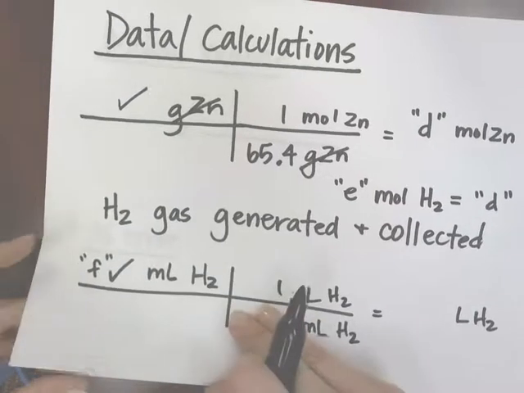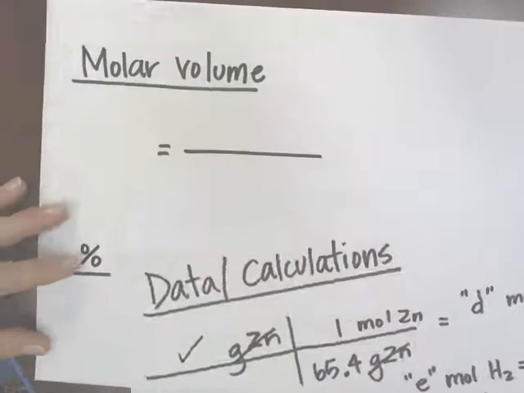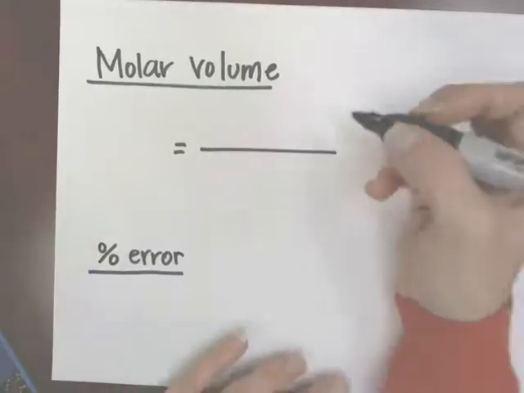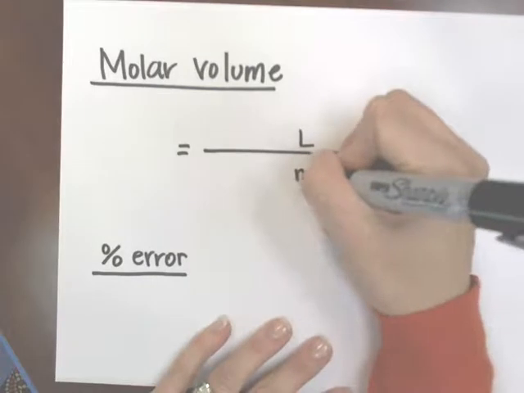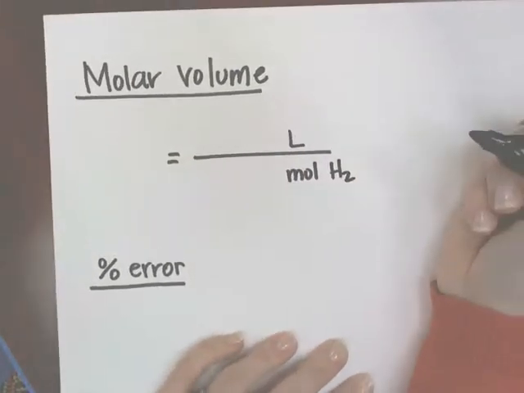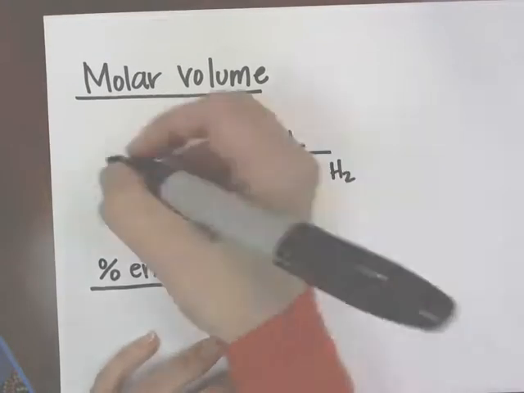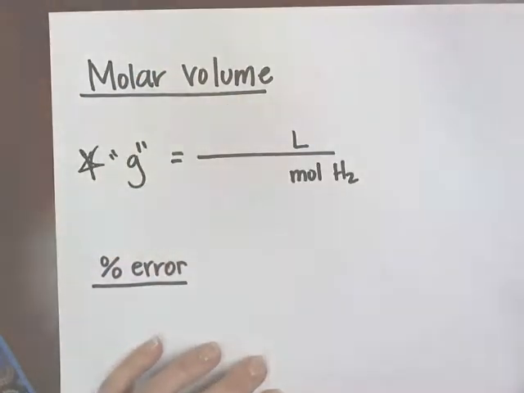The next calculation is the one we're interested in, and it is molar volume. So we want to express how much space does a mole of, in this case, hydrogen occupy. And you're going to actually record this in part G, but keep in mind, this is the whole goal of the lab, so you want to make sure your calculation in G is correct.